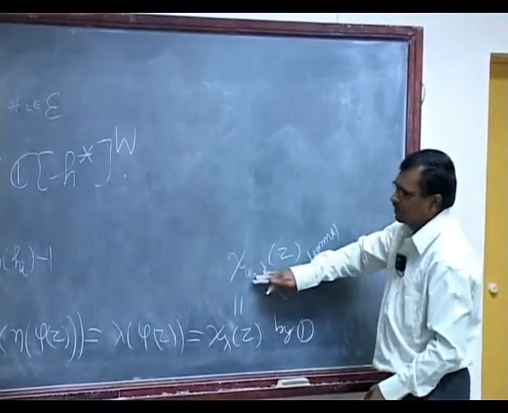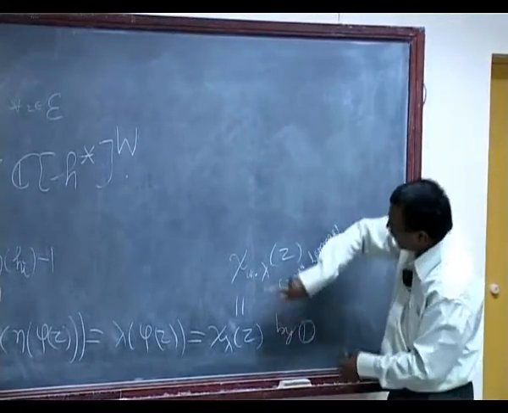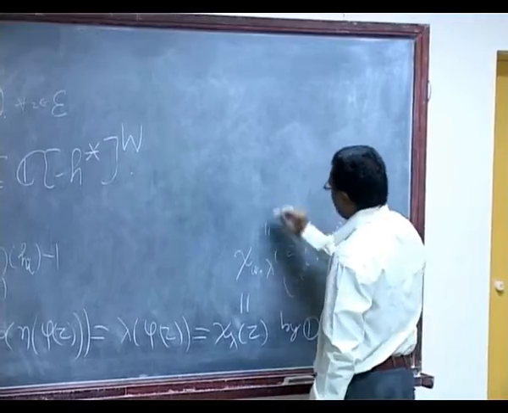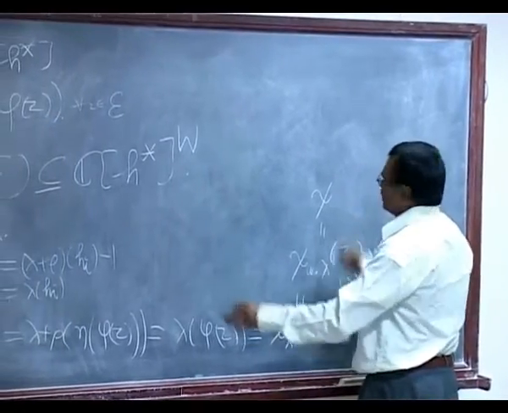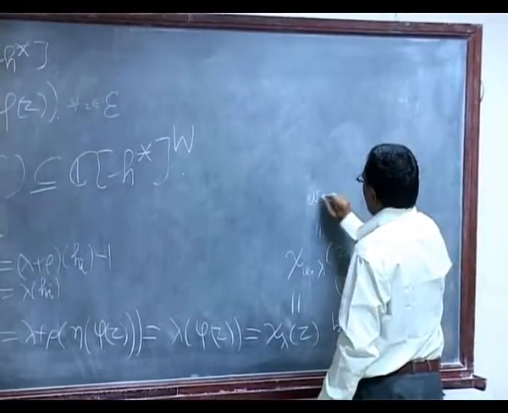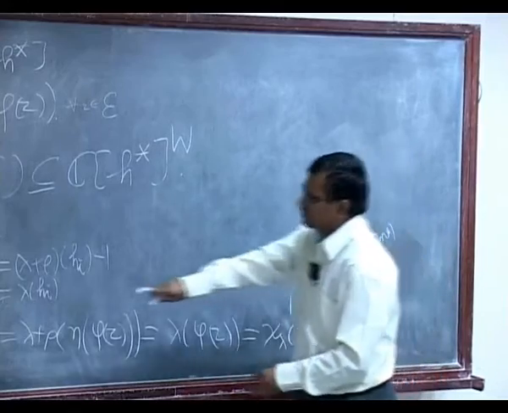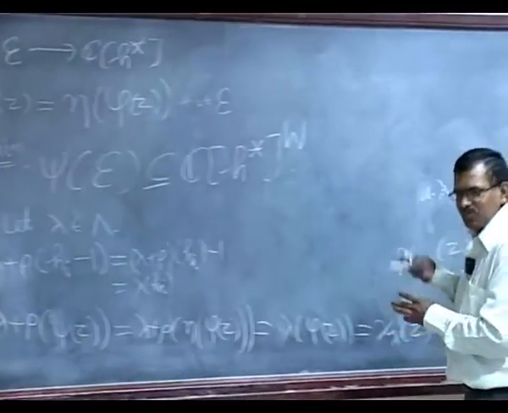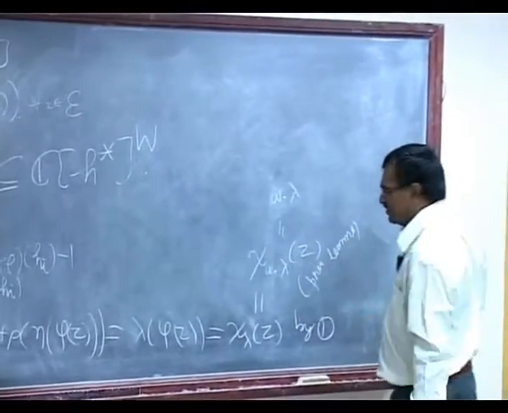So these two are equal. But again, use instead of lambda, w dot lambda, and then get into something like that. So with this, nothing but chi w dot lambda. I am not using anything special about the particular lambda; for any integral weight this is true. So in particular, w dot lambda also I can do that.